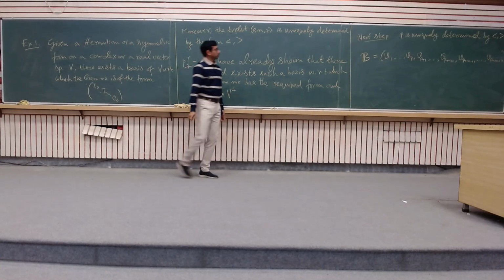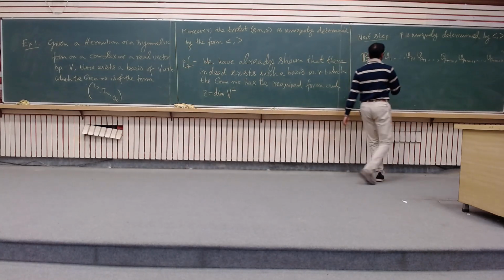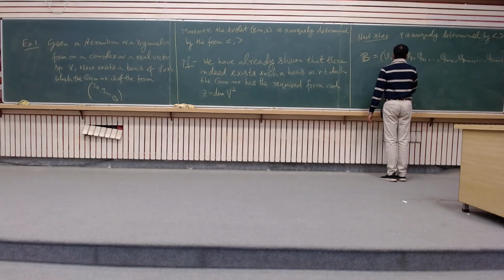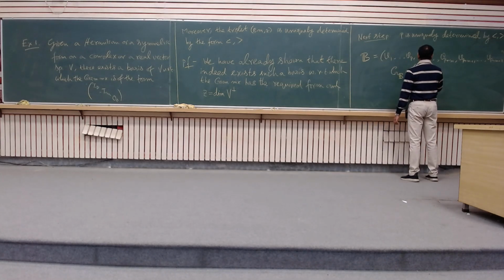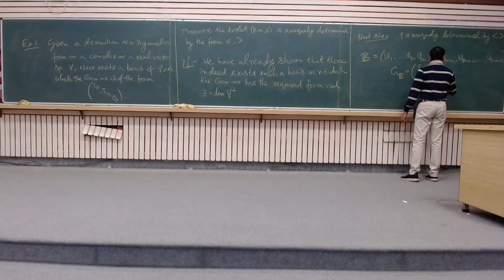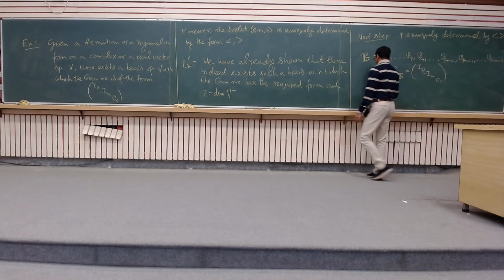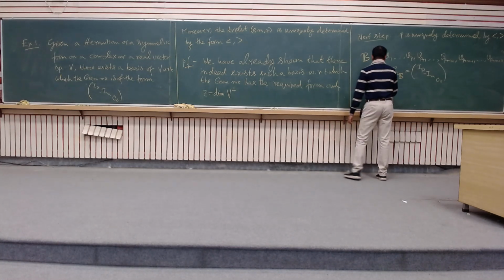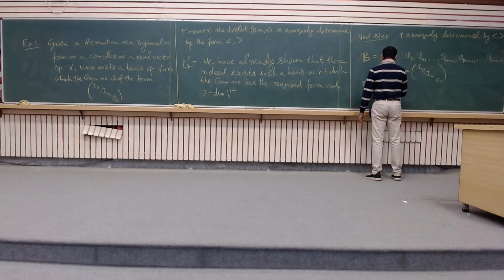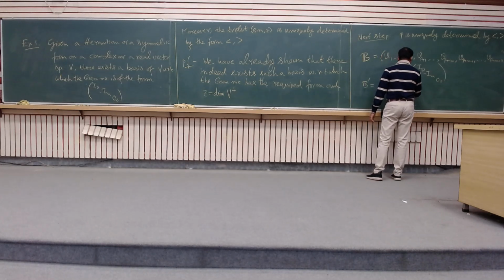With respect to this, the Gram matrix of the form is I_p, minus I_m and 0_z.